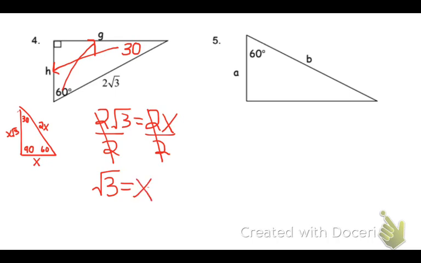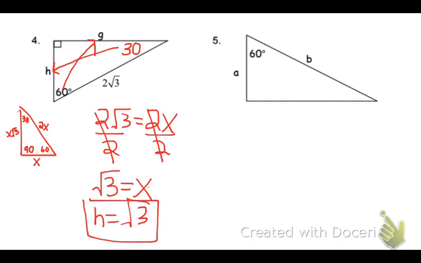And remember in our pattern that x is the one that's across from the 30 degree angle. So across from the 30 degree angle here is h. So we just figured out h is root 3. So h equals root 3. So now all we have to do is figure out g.